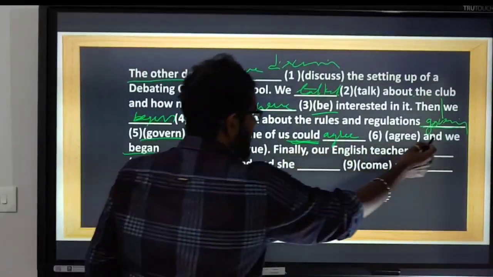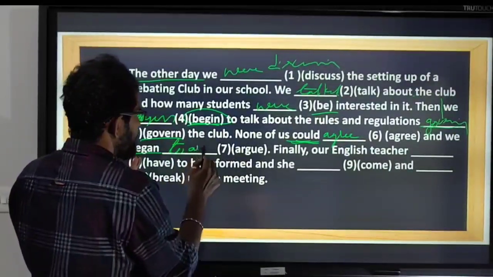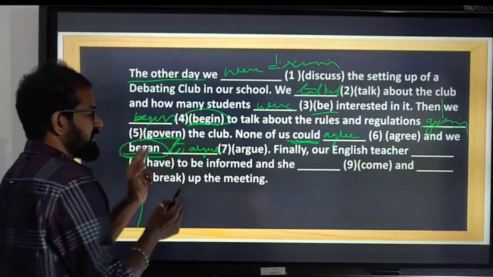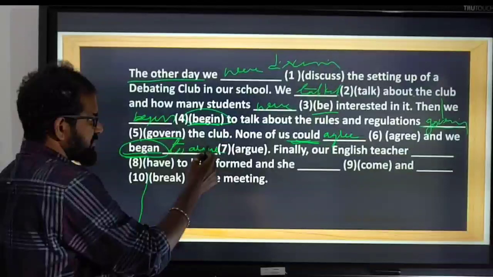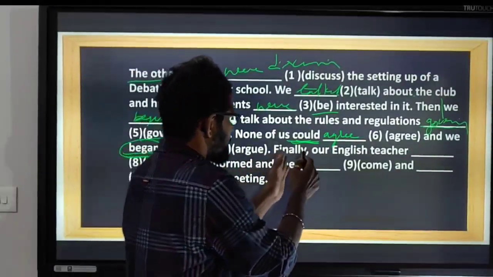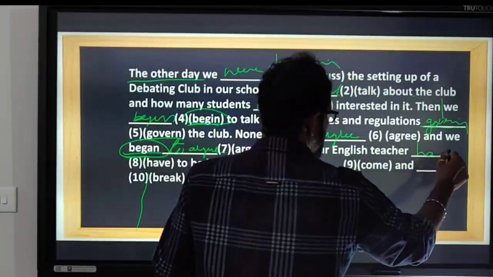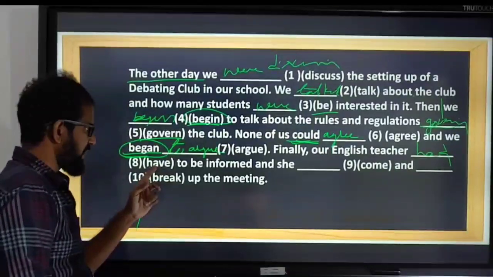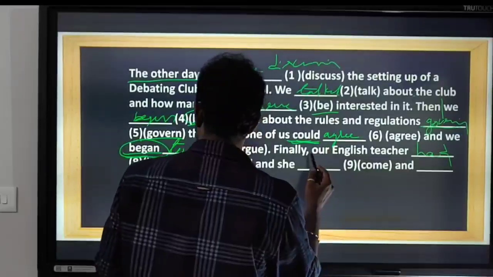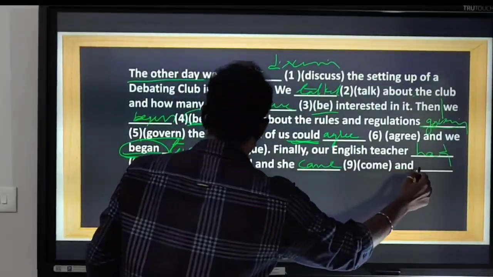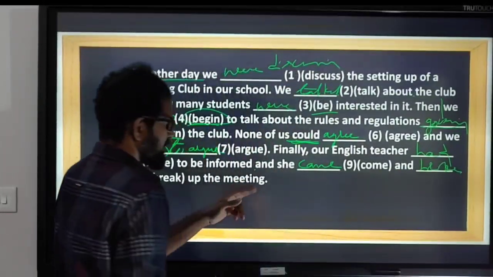None of us could agree, and we began to argue. Here we use to infinitive after began. The verb began receives or accepts only to infinitive. Began to argue. Finally, our English teacher, past form of have, had to be informed, and she came and broke up the meeting.